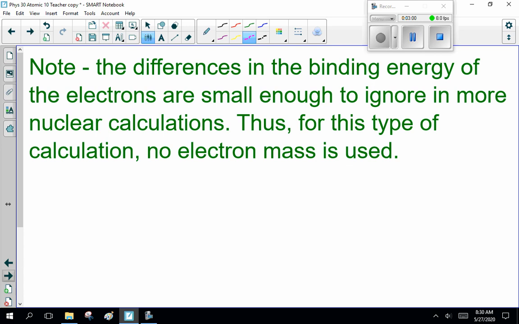The differences in the binding energy of the electrons are small enough to ignore in most nuclear calculations. Thus, for this type of calculation, no electron mass is used. We don't count the electrons, because sometimes we're dealing with ions, and frankly, the mass of the electrons added together is so small we don't care.